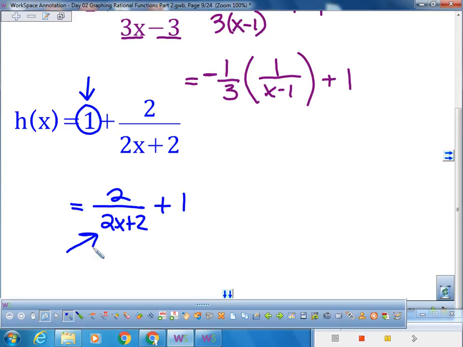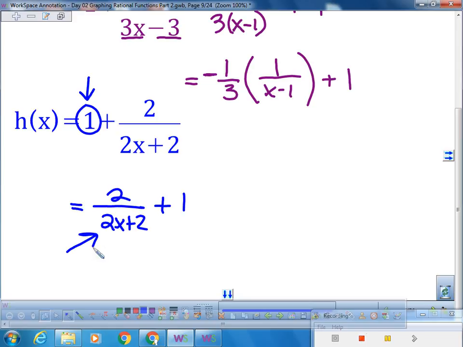Not everybody is. I need to see the same thing on every whiteboard. Jean, all we're doing is factoring out this 2. All right, Nancy?